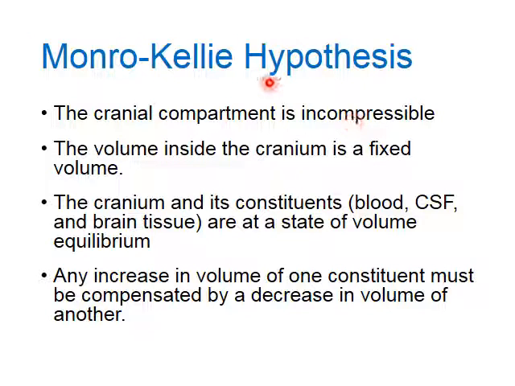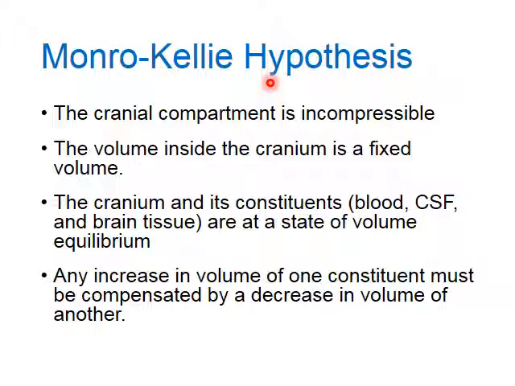If pressure starts to increase in your skull, guess what? The skull isn't going to give. So the volume inside the brain and inside the cranium is a fixed volume. If you try and push more of one thing in it, like an expanding blood clot, something has to give. Something has to compress, or something has to go somewhere.